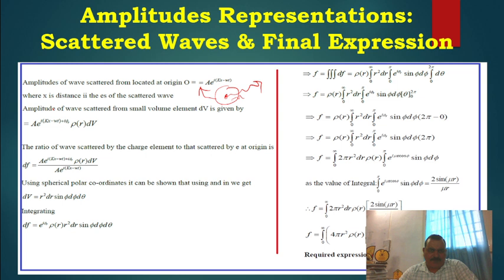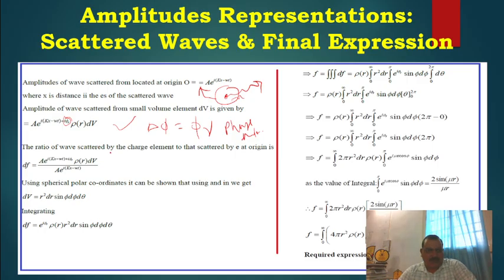The amplitude of the wave scattered from the small volume element dV is given by this expression. And both scattered waves have the phase difference phi r, which we represent here.